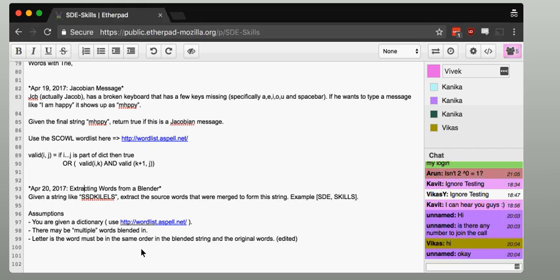How would you solve this? Wait, can I take a stab? Sure, Vikas, go on. I shared my solution. The way I was thinking was completely the reverse of merge sort. I was thinking of keeping a queue of partial words I have formed.